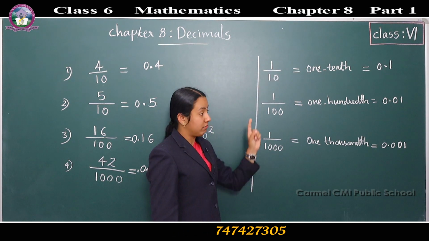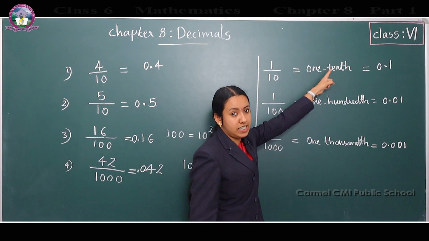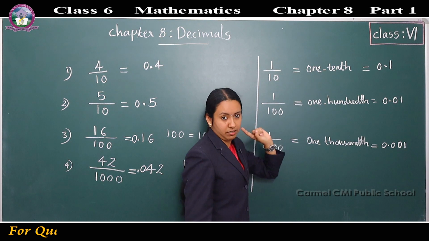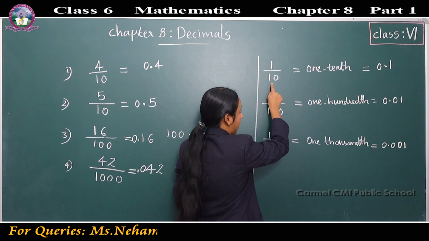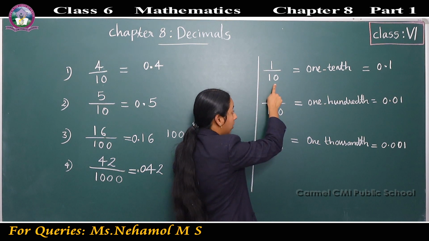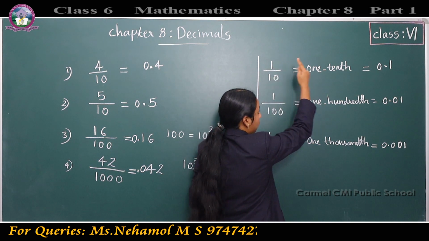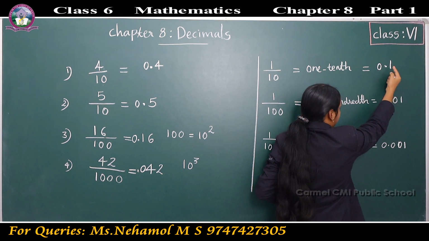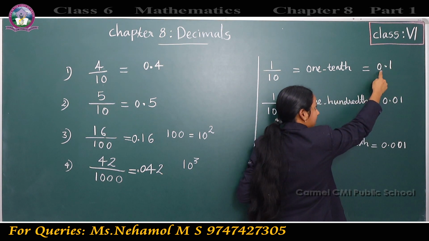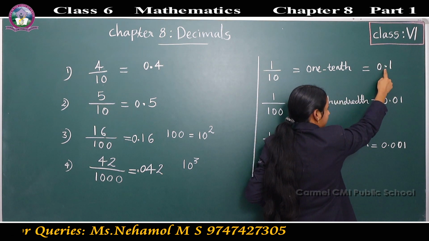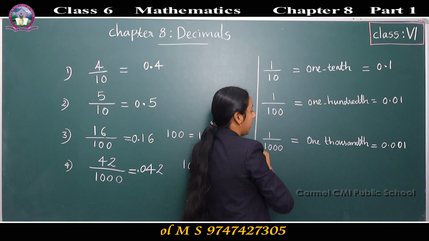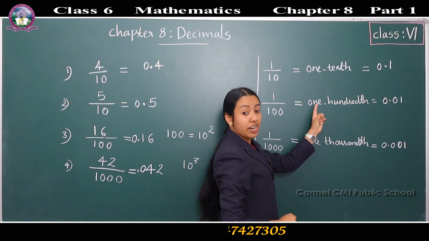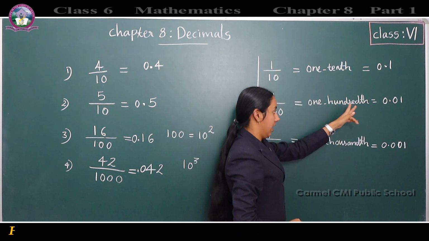Now consider this one. 1 by 10. We read it as one tenth. It has one 0 in the denominator. So first write the numerator itself, count one place from the last digit to the left, then put the decimal point. So 0.1. Next, 1 by 100. We read it as one hundredth.